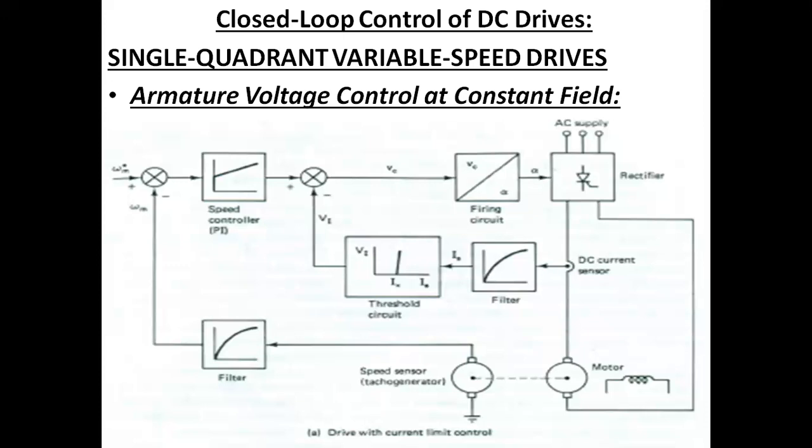As long as IA is less than Ix, where we take Ix as the maximum permissible value of IA, a large output signal is produced by the threshold circuit.